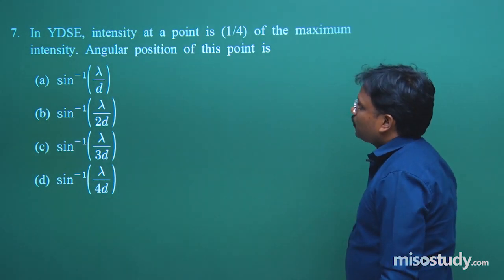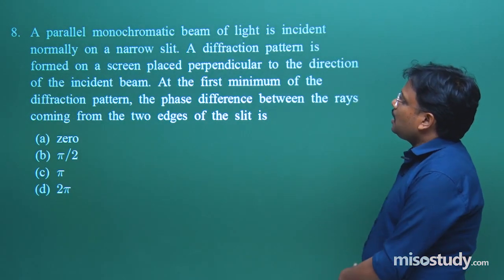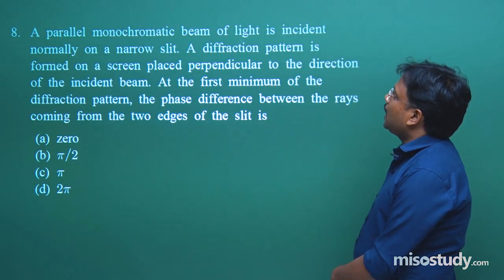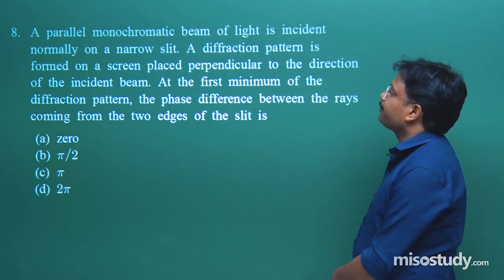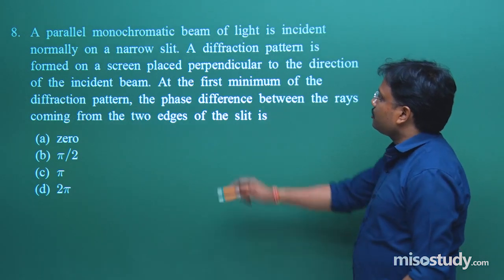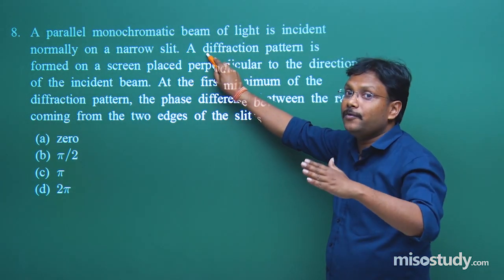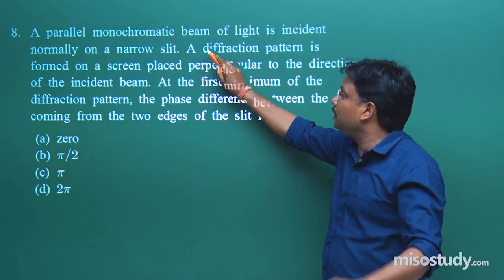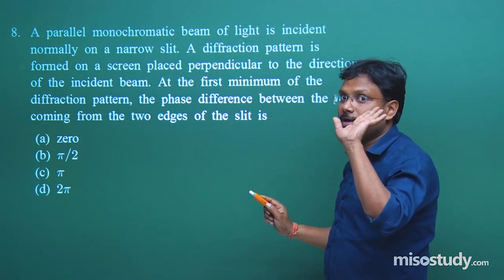So, like this question number 8. A parallel monochromatic beam of light is incident normally on a narrow slit, okay. A diffraction pattern is formed. Be careful, we are in a new world, a different country, that is diffraction, not interference, not Young's double slit.